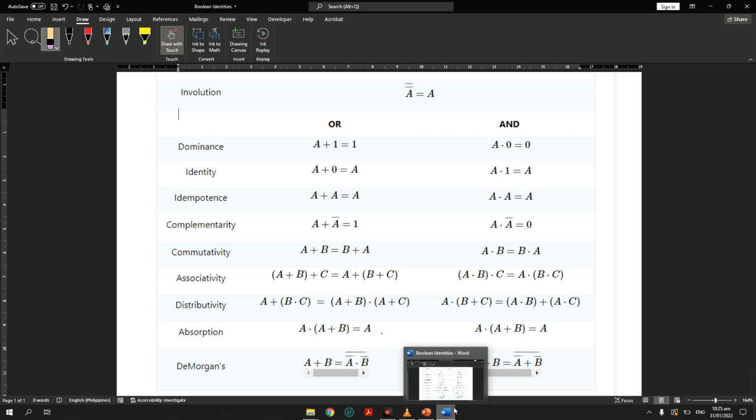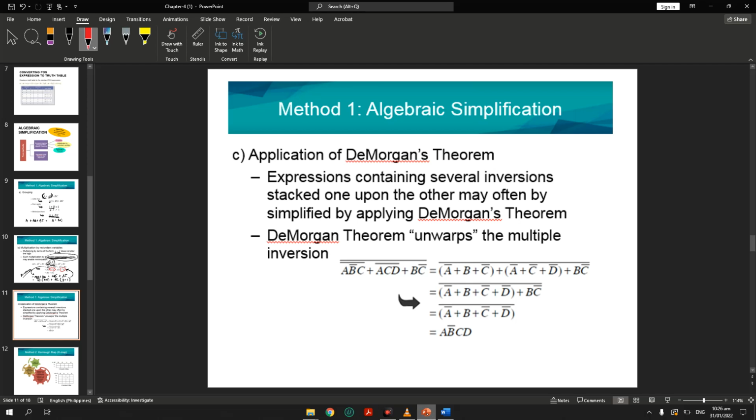So if you will notice in De Morgan's theorem, while the given is addition, in the simplification it becomes multiplication. And while the given is multiplication, the output becomes addition.